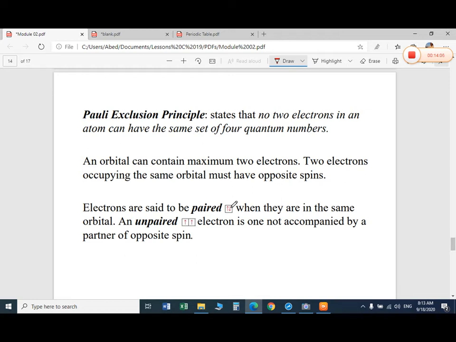This is the meaning of paired spin, this is the meaning of unpaired spin, and each orbital can contain a maximum of 2 electrons. So that's why I taught you that the number of electrons will always be double the number of orbitals.